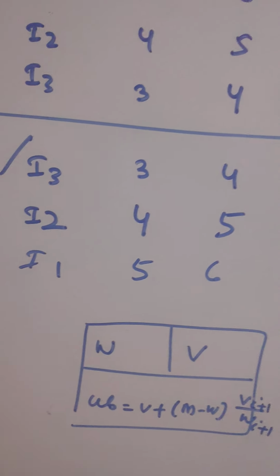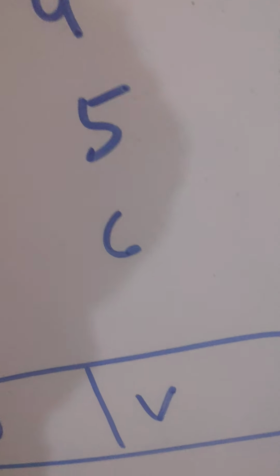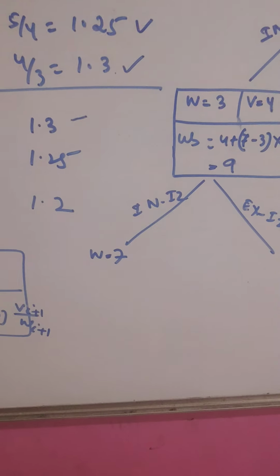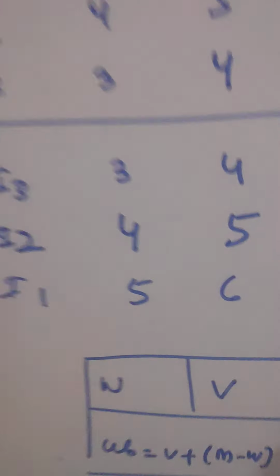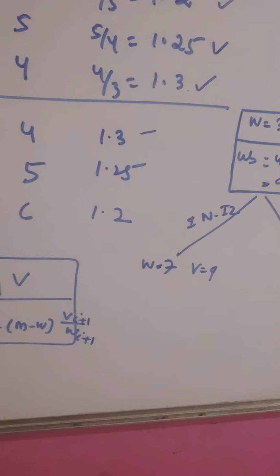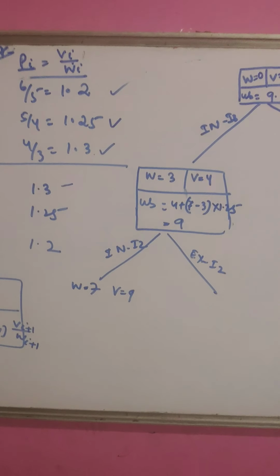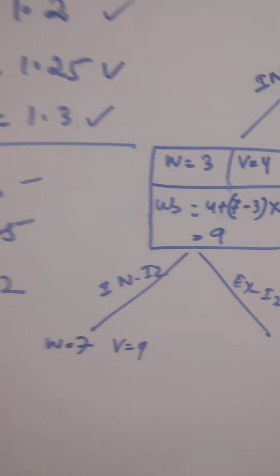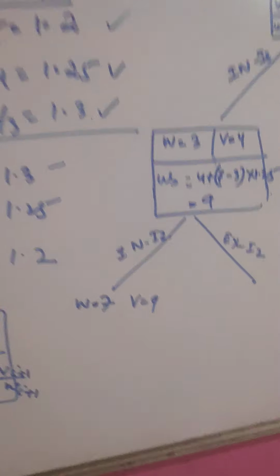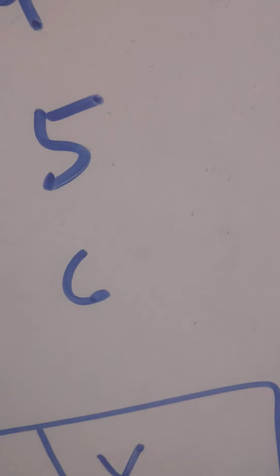If I take I2, weight was 4, so my new weight becomes 3 plus 4, it becomes 7, and V was 4, now it is 5, so V becomes 9. Actually the problem is that I am holding my mobile phone in my left hand and solving the problem with my right hand. I think it is inconvenient for you, so better you solve yourself on paper, then it will be easier for you, and verify the answer. Okay, so W becomes 7, V becomes 9.